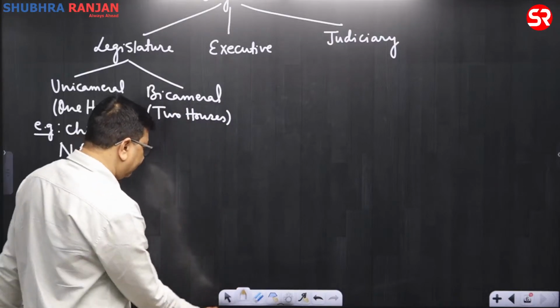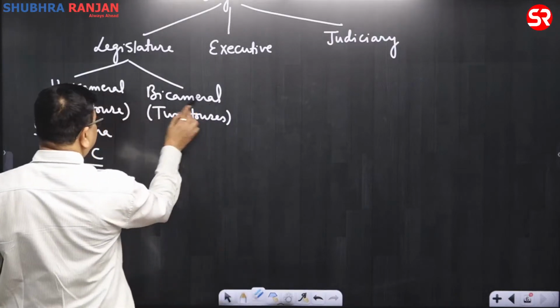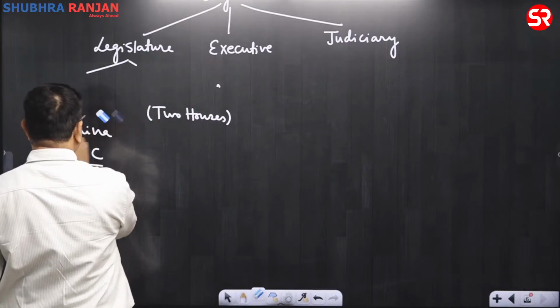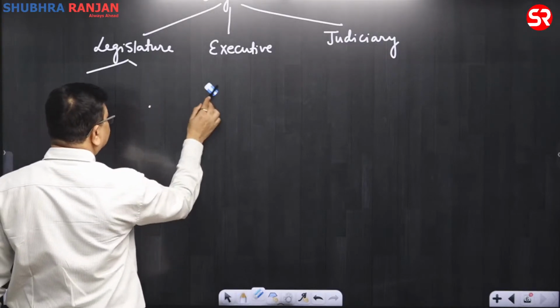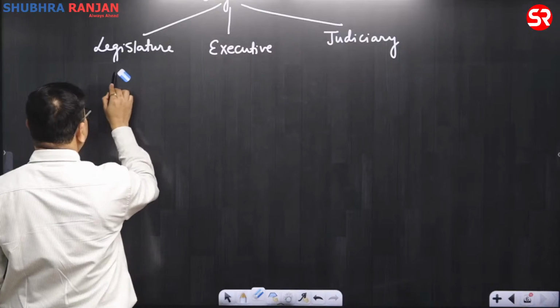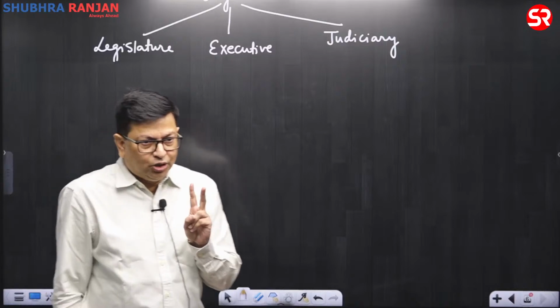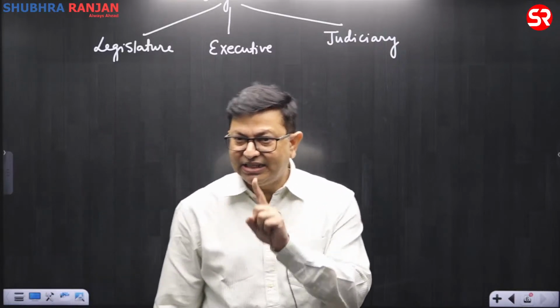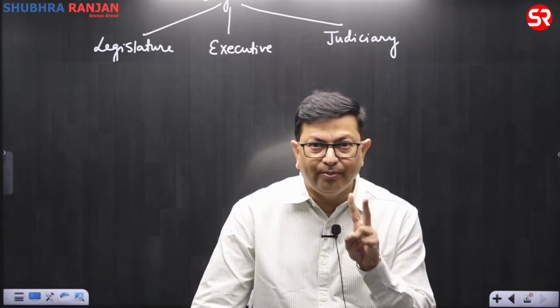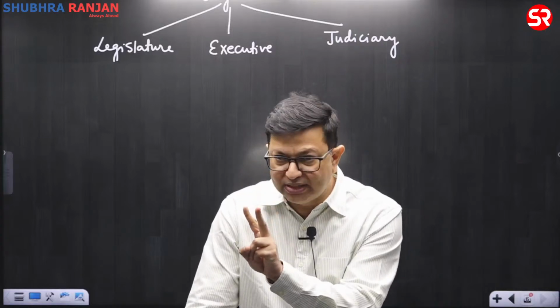Now, this part is clear to all of us. So, unicameral legislature means only one house, bicameral will mean two houses.